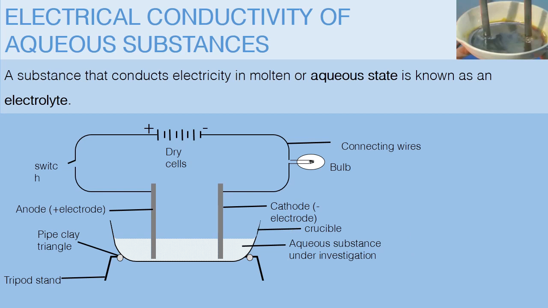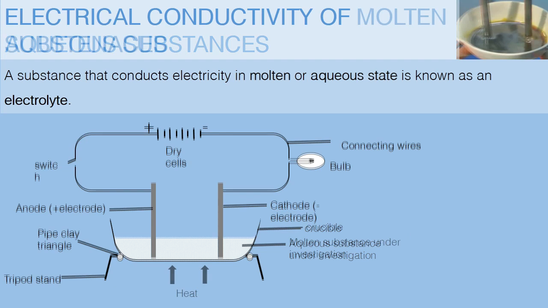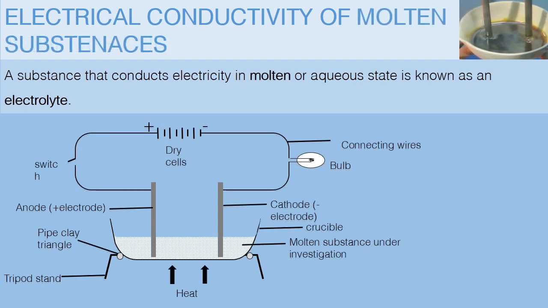We described an electrolyte as a substance that conducts electricity either in molten or aqueous state, and we gave an example of a setup that can be used to determine whether a substance in aqueous solution can conduct electricity or not.